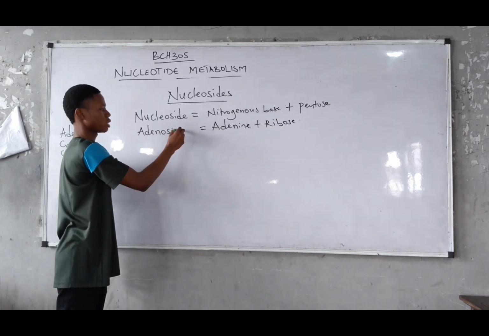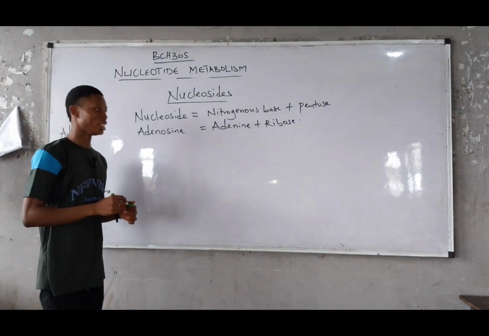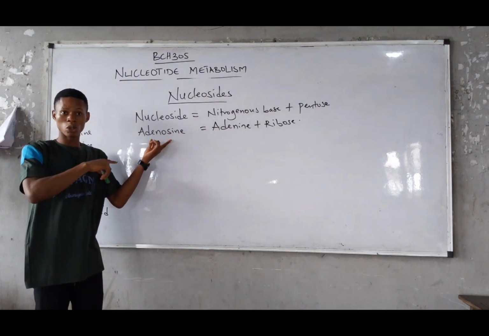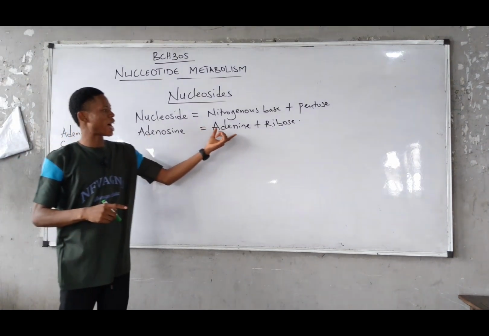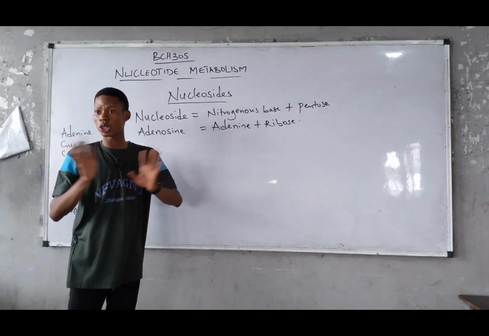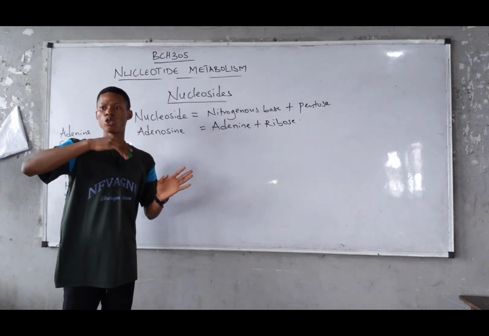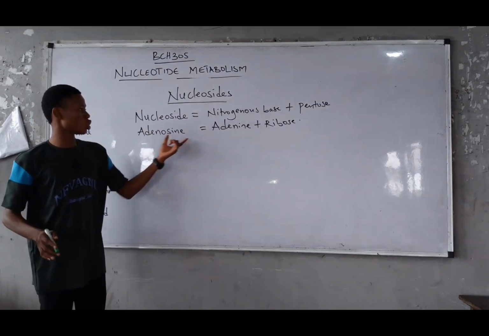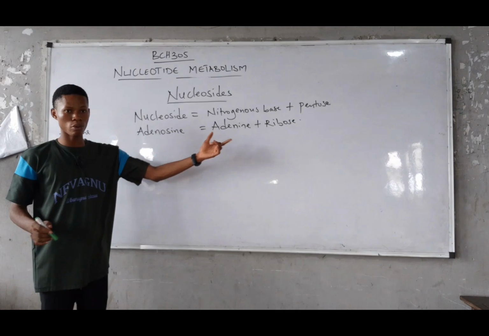Adenosine, right? So adenosine is adenine and ribose. Adenosine is a nucleoside because it contains only adenine and ribose, no phosphate group. If we add a phosphate group, it's a nucleotide. Do we get that?